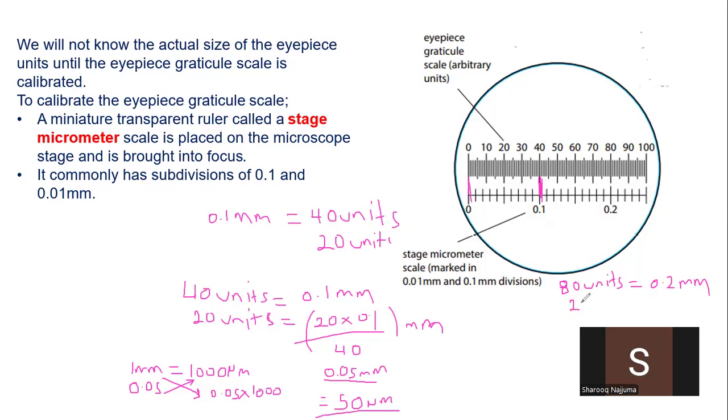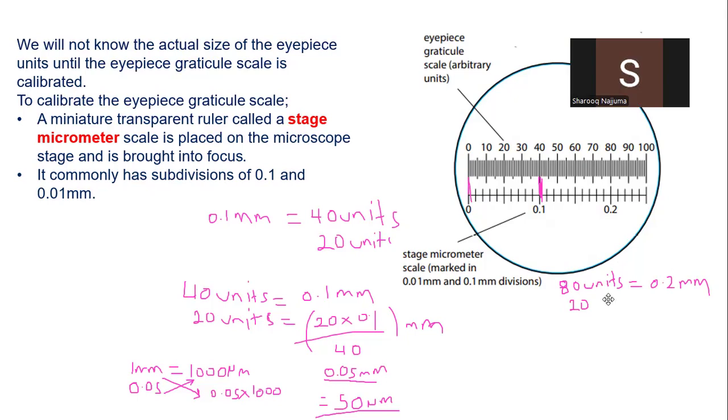How about 20 units? If you do the math, you're going to find that the answer is the same: 20 times 0.2 divided by 80. The answer will still be 50 micrometers.